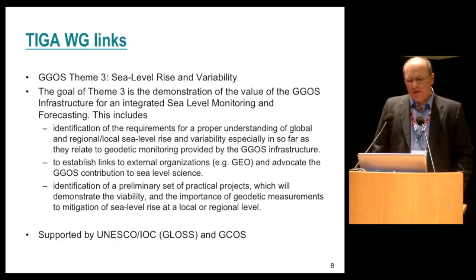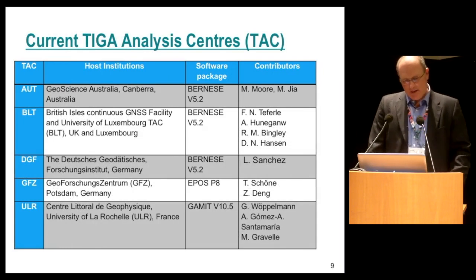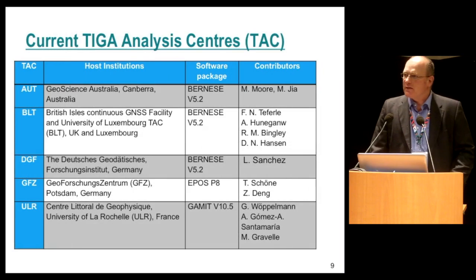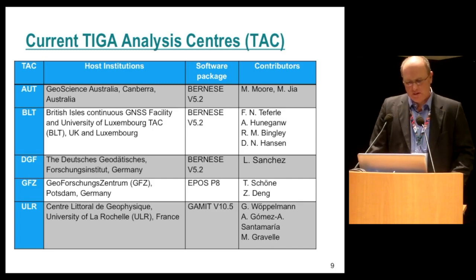Okay, this brings us really to what has been happening in TIGER. In TIGER, we currently have 5 analysis centers, TACs, whereby the first one, AUT, joined us in October 2016, so that's a very recent addition.